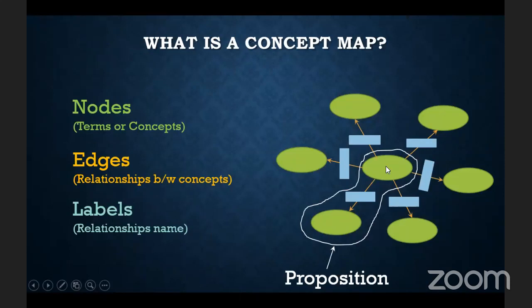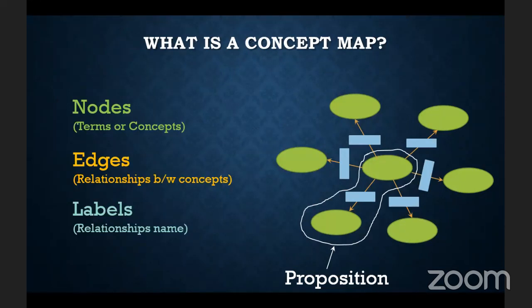That means when two concepts get connected through an edge using a linking phrase or label, we call it a proposition. And we construct our knowledge by connecting proposition after proposition, and finally we create a story. So this is the nature of what we call a concept map.